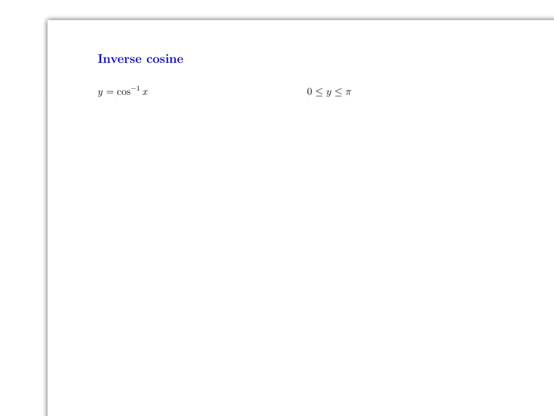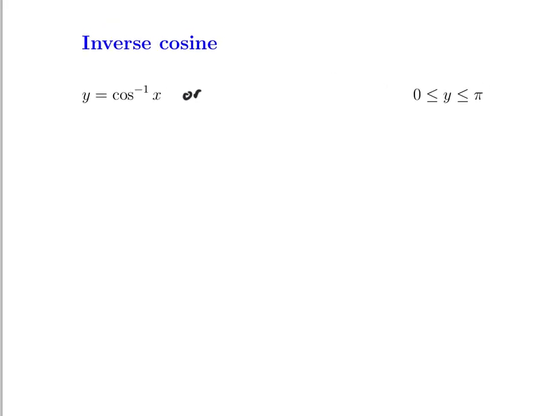All right, so similarly for cosine, remember you can also write this as y equals arc cosine of x, even though again the most common notation is this.